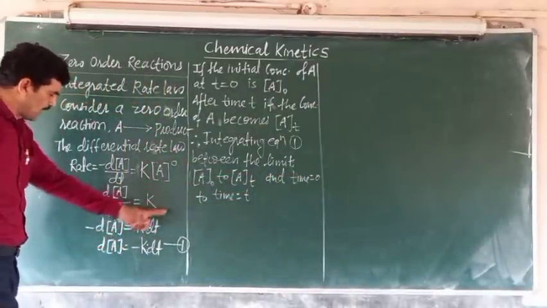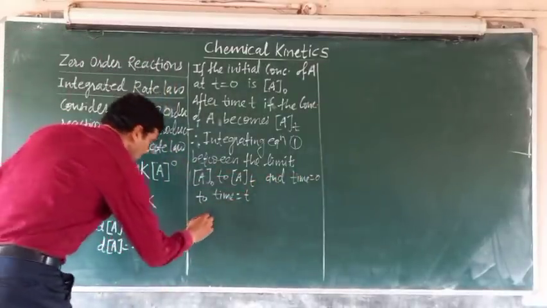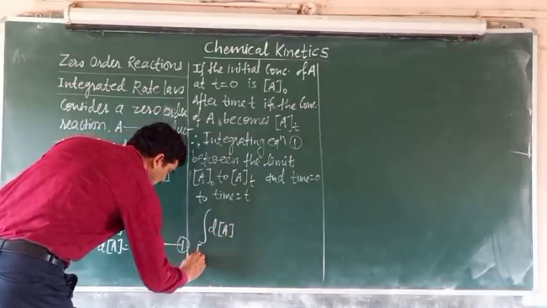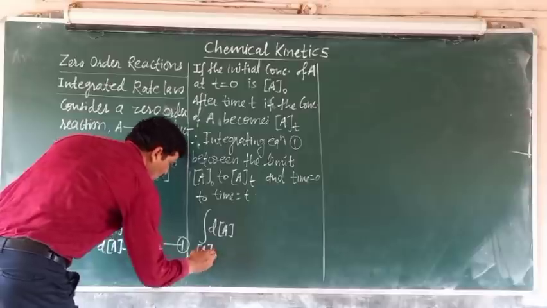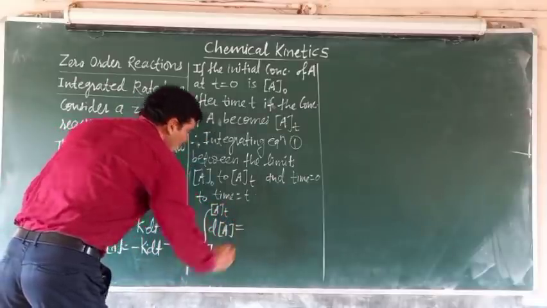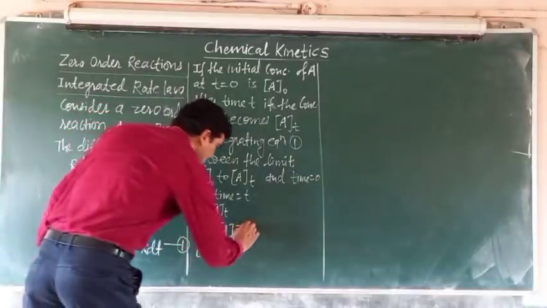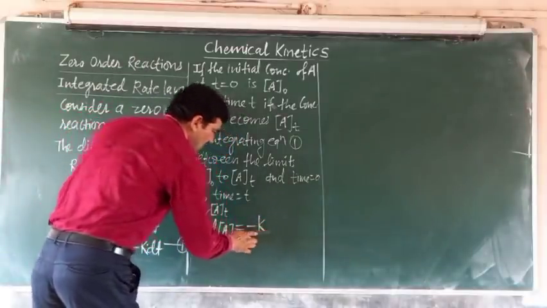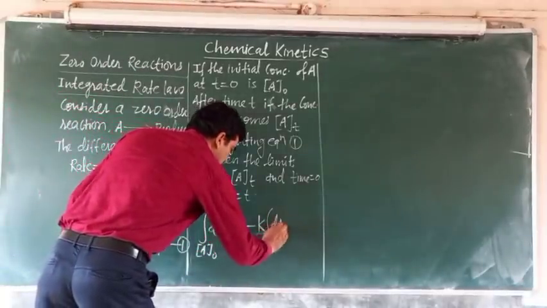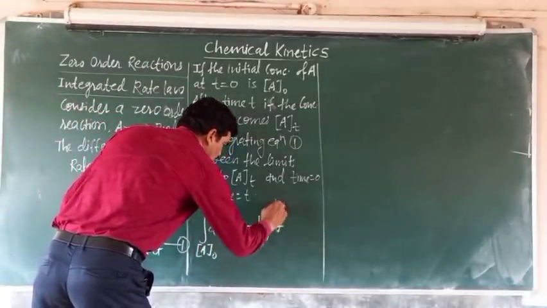So when we integrate equation 1, the integration of dA, the limits are A0 to At, equal to minus k. k is a constant, therefore it cannot be integrated. Integration of dt, and the limits of time are 0 to t.